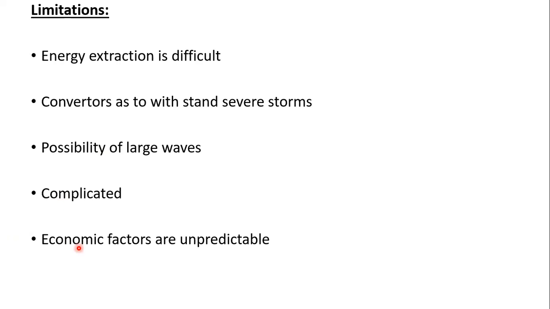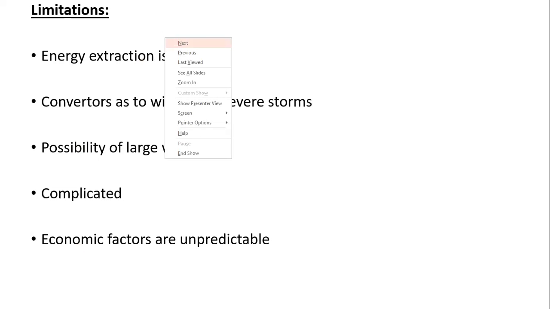Economic factors such as capital investment, cost of maintenance, repair and replacement, as well as problems of biological growth of marine organisms, are all relatively unknown. These are all unpredictable and seem to be large also. So these are the limitations of wave energy.